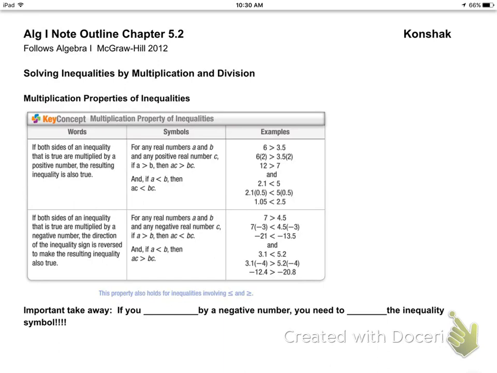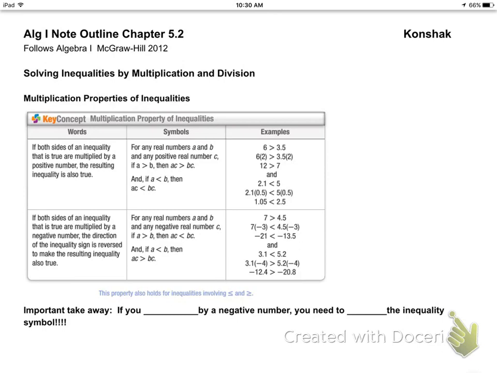So, the top one says that if both sides of an inequality are true, so if the inequality is true, then multiplying by a positive number to both sides results in an inequality that is also true. Now think about this. We used this last time. Last time you could say, hey, I have more cookies than the person next to me.